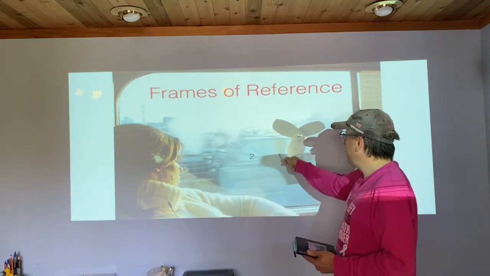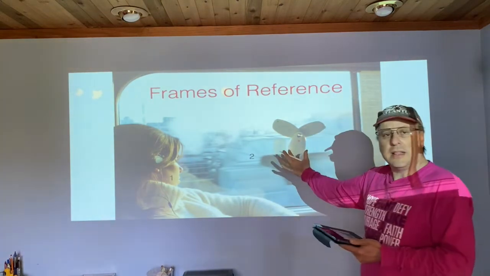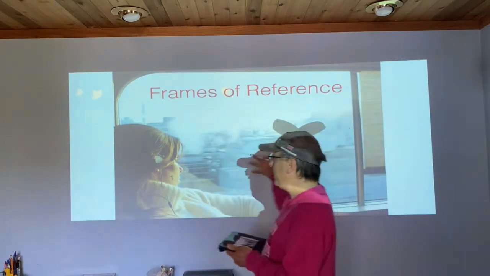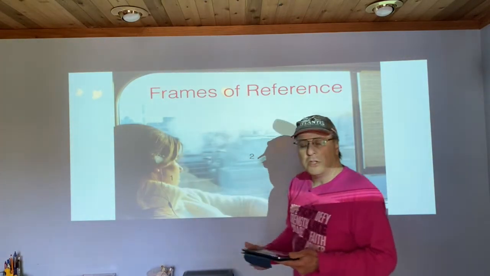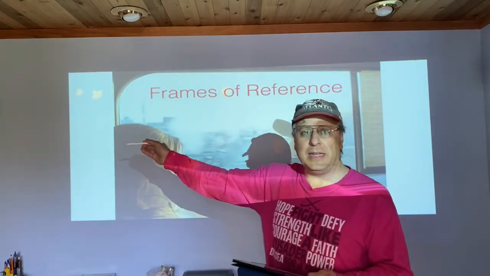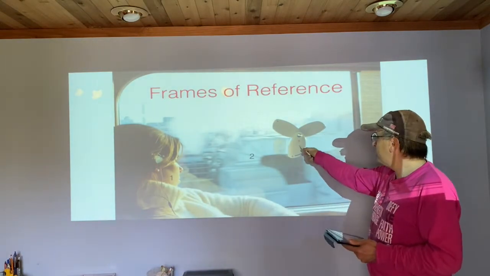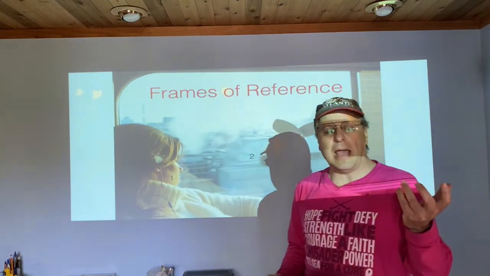So this woman looking out would see the entire earth and all the things on it, like the factory, zooming to the left. She would describe the motion of the factory as a negative velocity heading at a certain speed to the left. She would describe this solar charger as at rest.